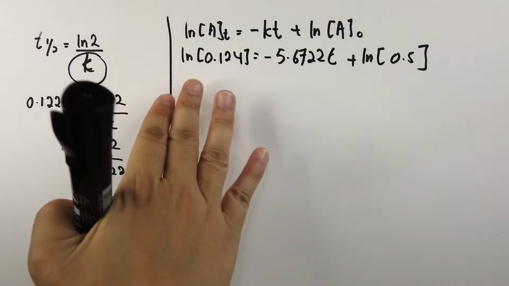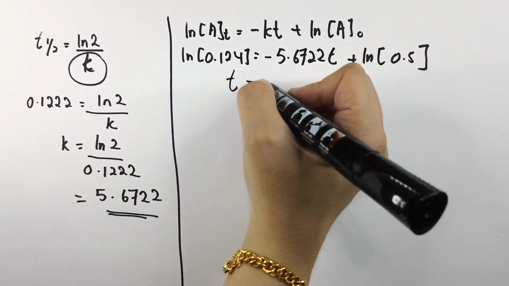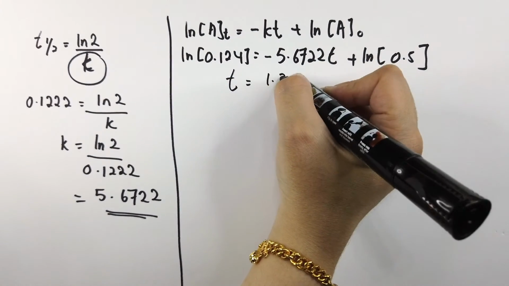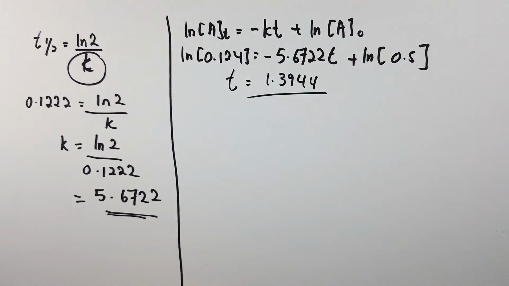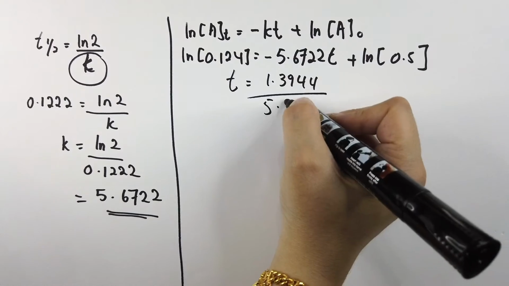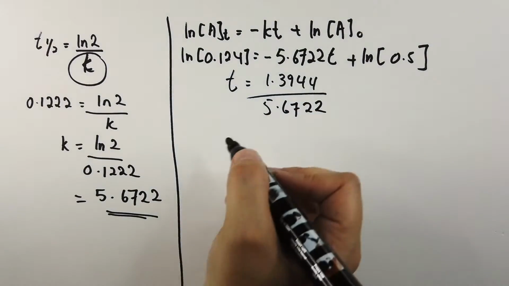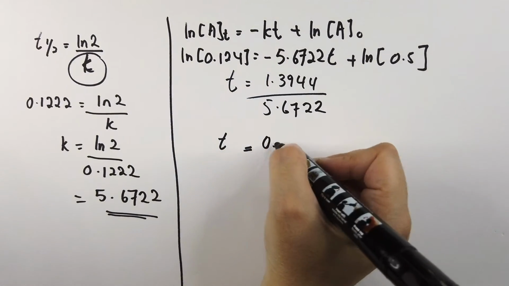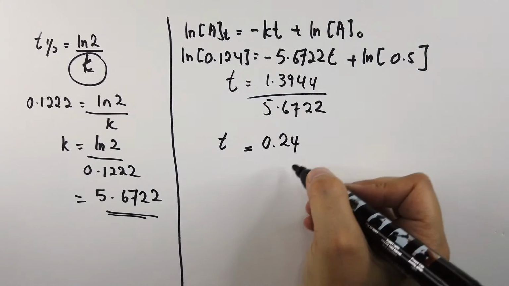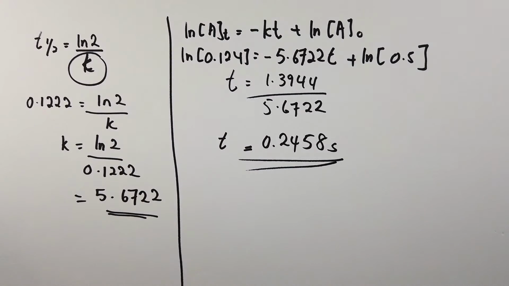Therefore, after you have calculated all this, you shall get t is equivalent to 1.3944 divided by 5.6722. So you shall get the value of t equivalent to 0.2458 seconds. So this is the final answer for the first question.